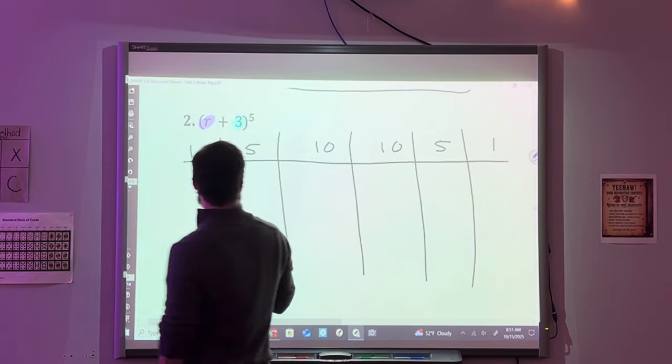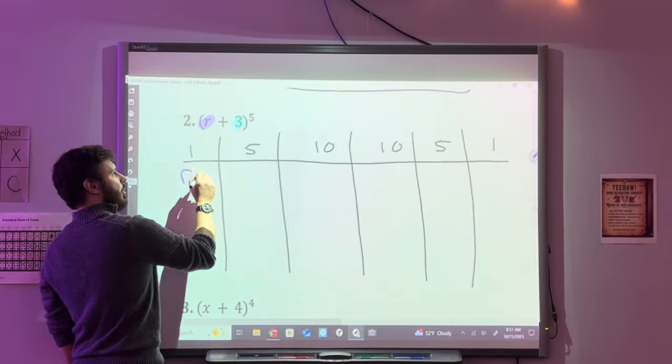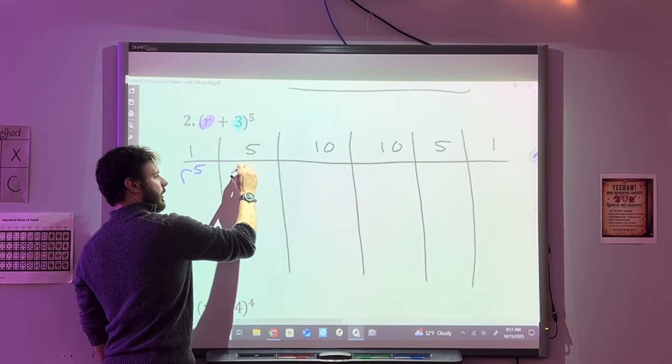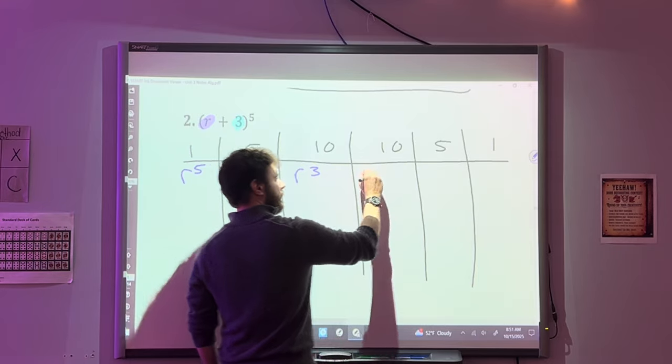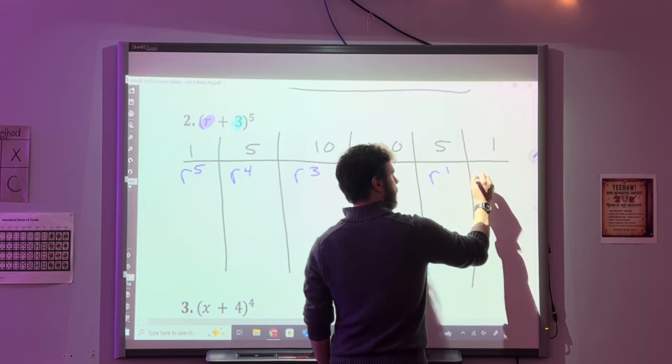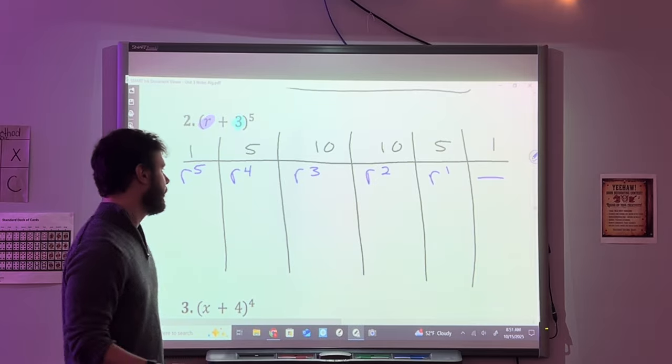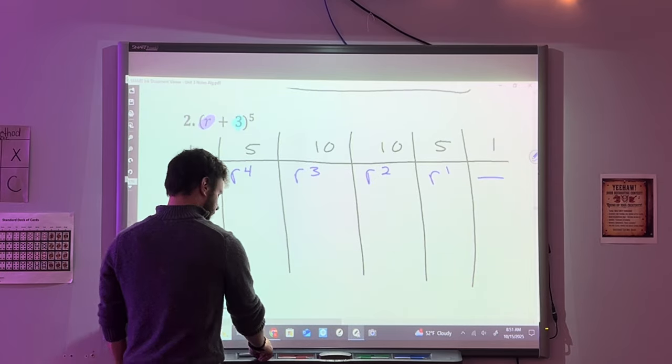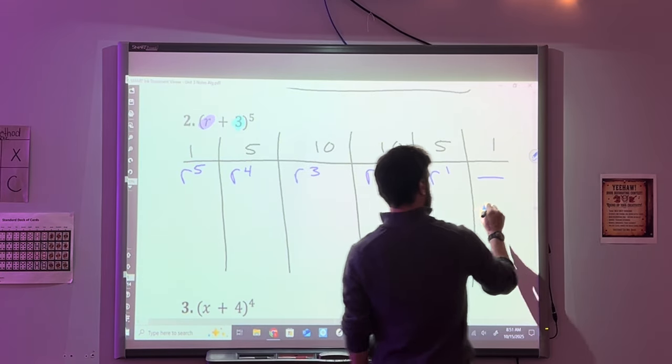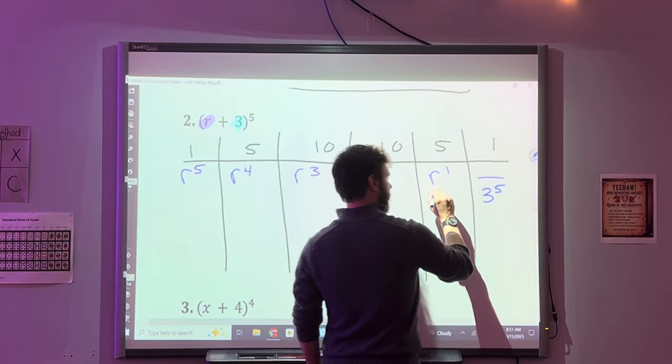Okay. So as I begin, my first term, r, gets all 5 of the exponent. And I'm going to pick up where I left off. The second term, 3 to the 5.